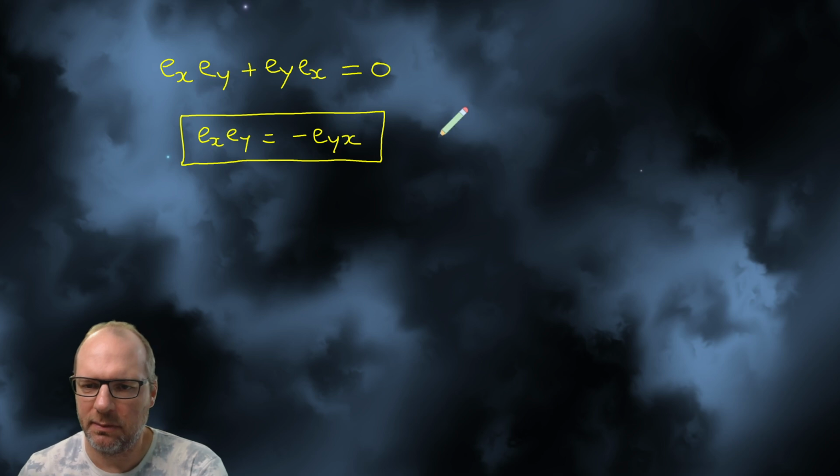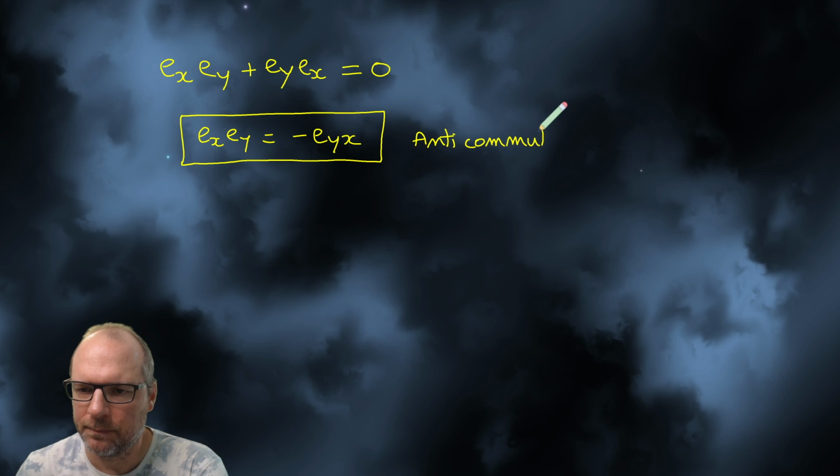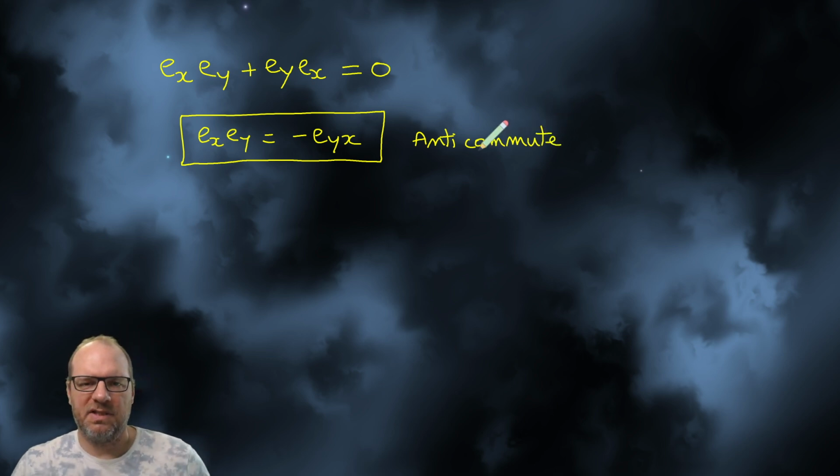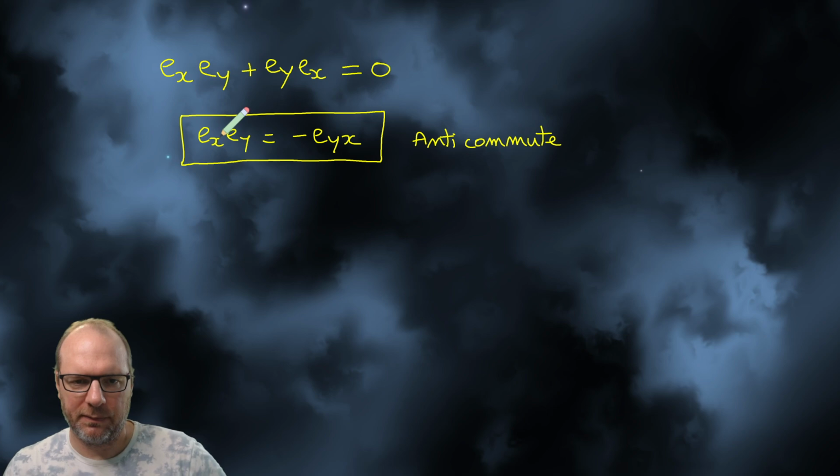And this rule is called anti-commutation. This means the order is very important: if we want to swap the order in this multiplication, we pick up a minus sign in front.